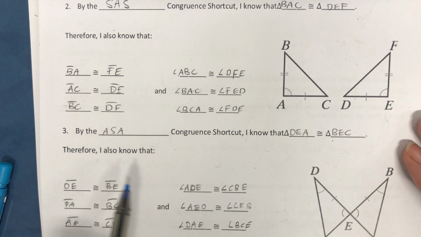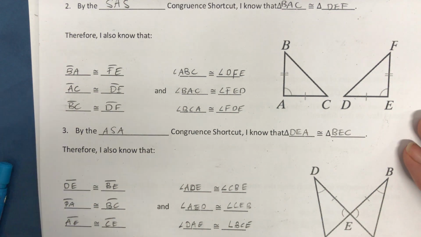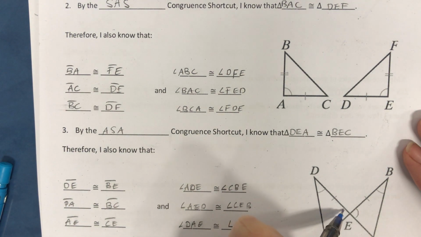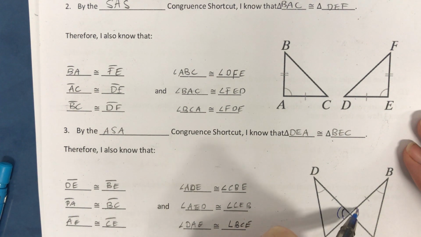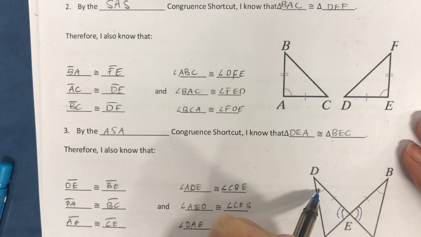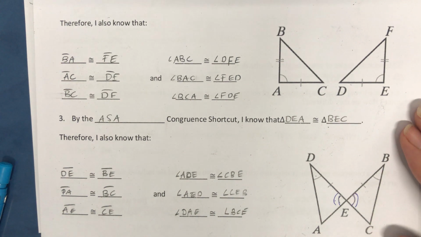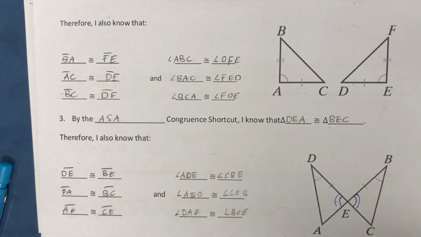And the last one's angle-side-angle, which is not too tricky, but you have to use the idea of vertical angles. Remember, vertical angles are congruent. So these two angles are congruent, so that's why angle-side-angle works for this one. And then here are all the congruent statements.